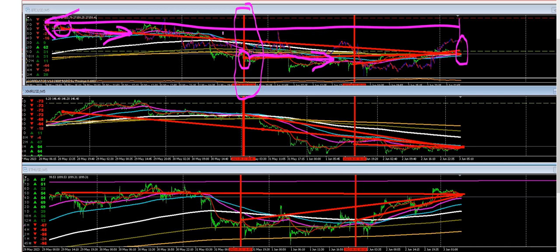What we can see here relative to this slope, the angle of that, and then in this new angle that's forming, is that it's slowed down its angle.